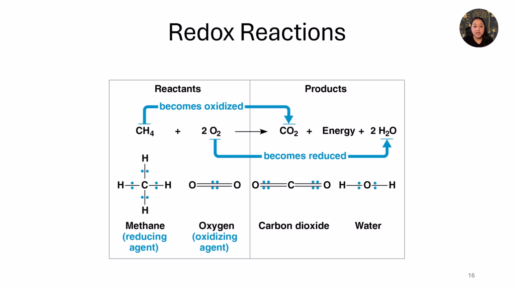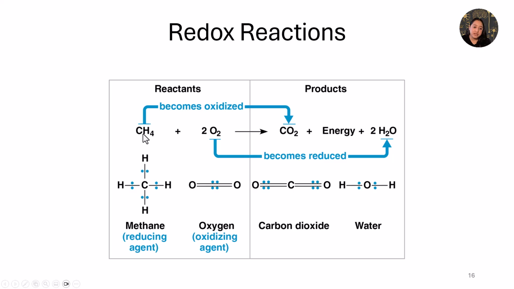Here is an example of a redox reaction: burning methane gas. So methane up top and oxygen. And they also happen to show the bonds below so that they could show the unequal sharing.